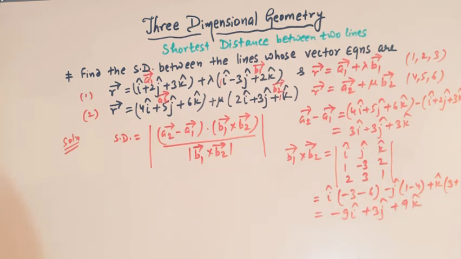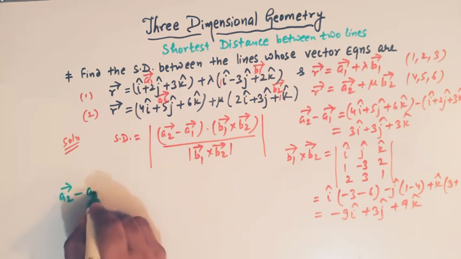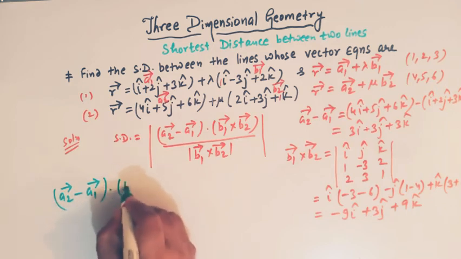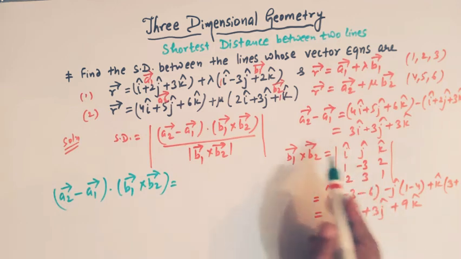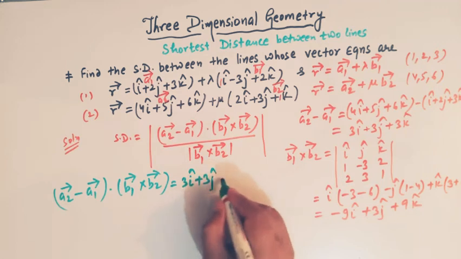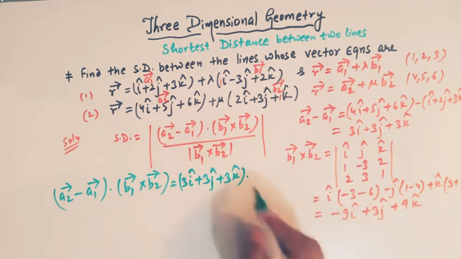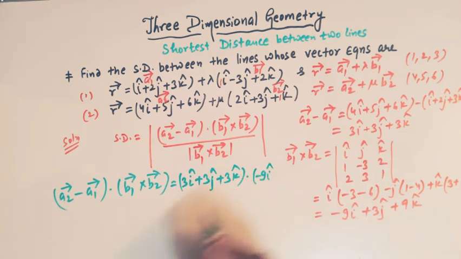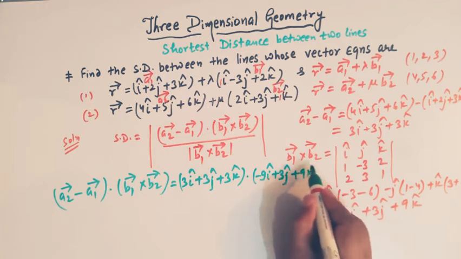Now let us find the dot product of these two vectors. So we have a2 vector minus a1 dot b1 cross b2 is equal to a2 minus a1 is 3i cap plus 3j cap plus 3k cap, and here we have dot, then we have minus 9i cap plus 3j cap plus 9k cap.